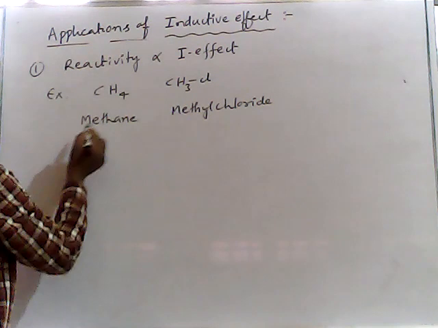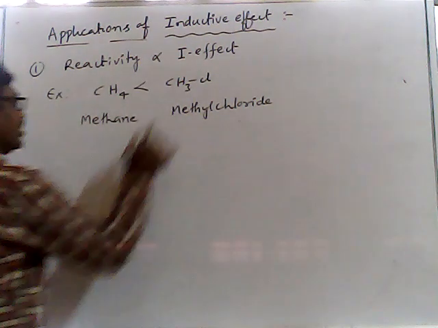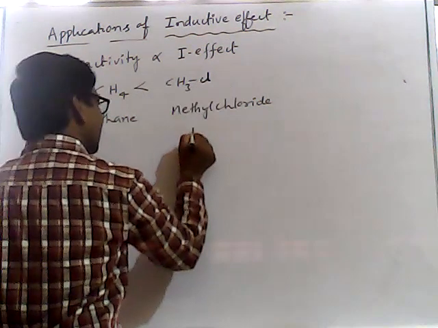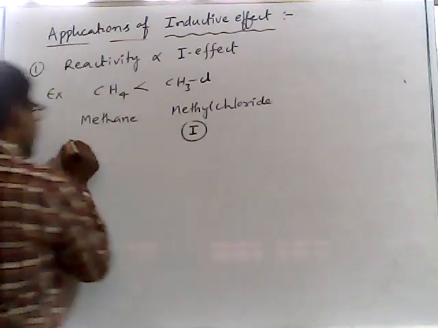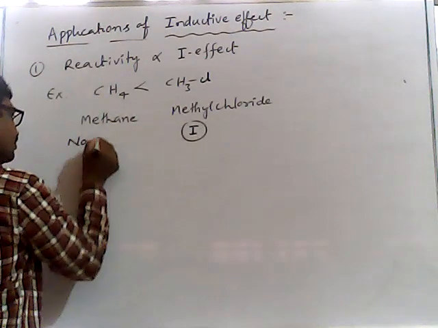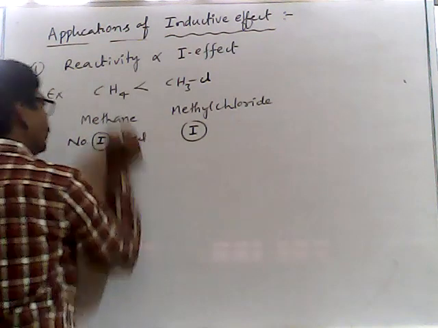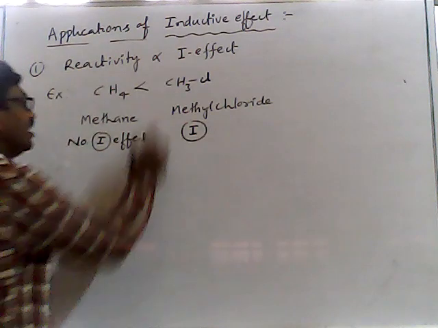So methane is less reactive than methyl chloride. Why? Because of the more electronegative chlorine, the inductive effect is present here. Here there is no I effect. Because of no I effect, methane is less reactive than methyl chloride.